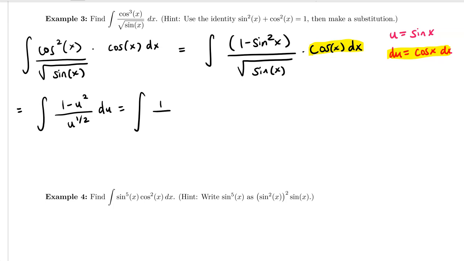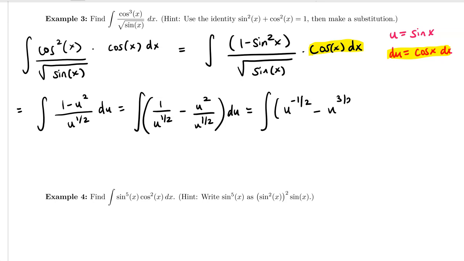So this is equivalent to 1 over u to the 1/2 power minus u squared over u to the 1/2 power du. And now I'm going to rewrite that as u to the negative 1/2 power minus u to the 3/2 power du. And this is going to make it easier for us to use the power rule.